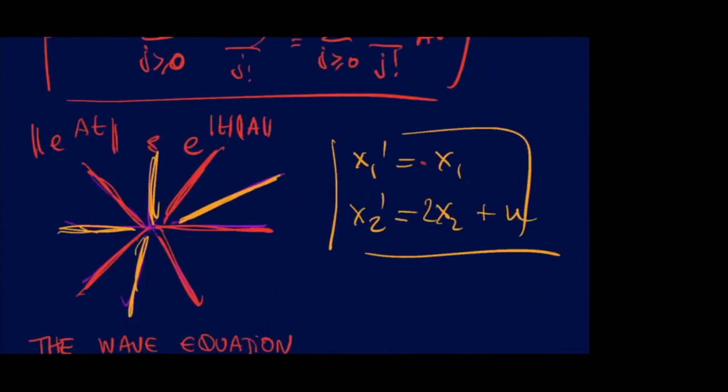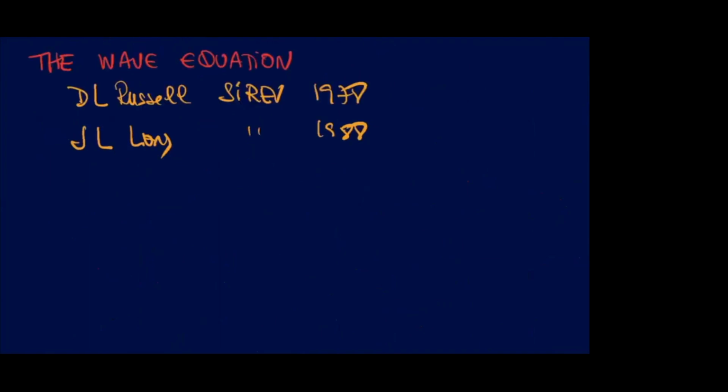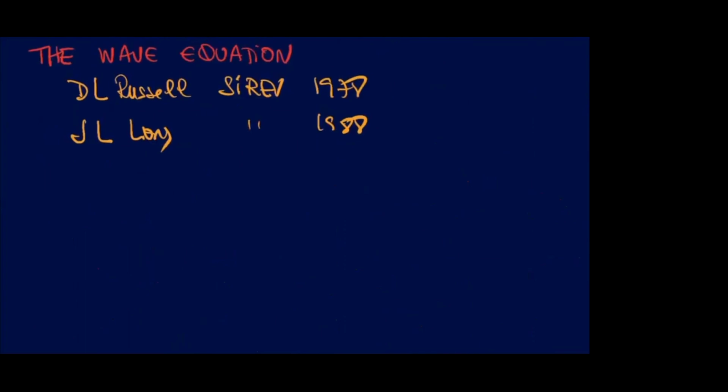Then, as I said the other day, there are two very interesting papers. One is by David Russell, published in SIAM Review in 1978, and the other one by Jean-Louis Lions in the same journal in 1988. They revisit this topic and they set up the foundations of what has been a very, very rich literature in this area, right?